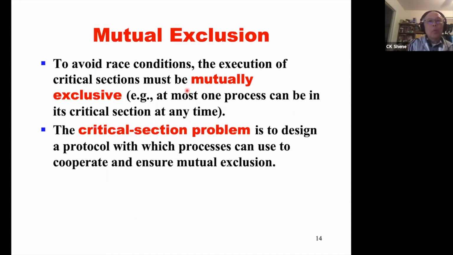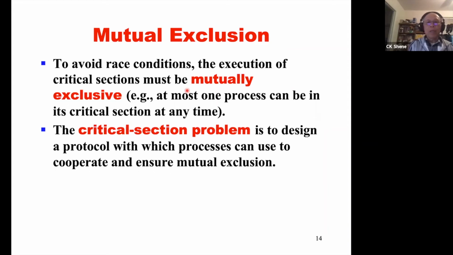Okay, so what is mutual exclusion? The concept of mutual exclusion is, first of all, that the ultimate goal is avoiding race condition.